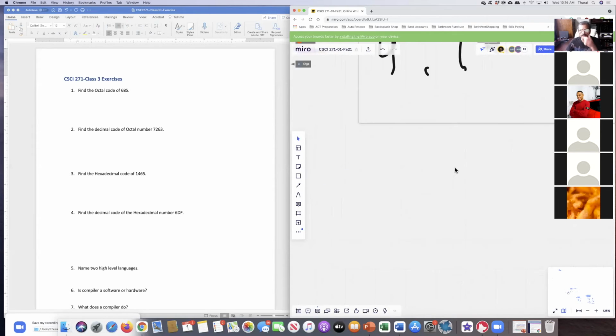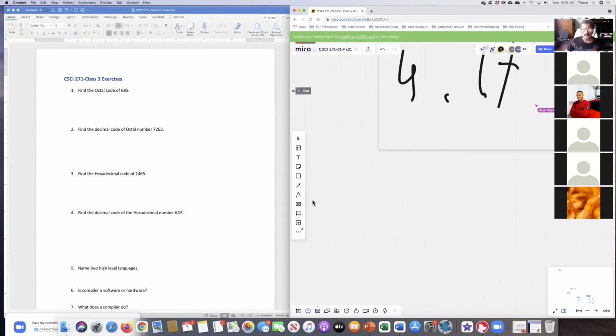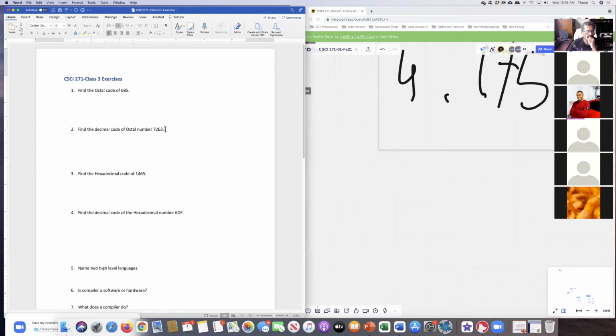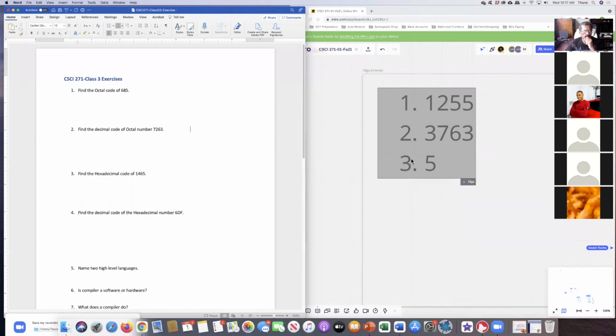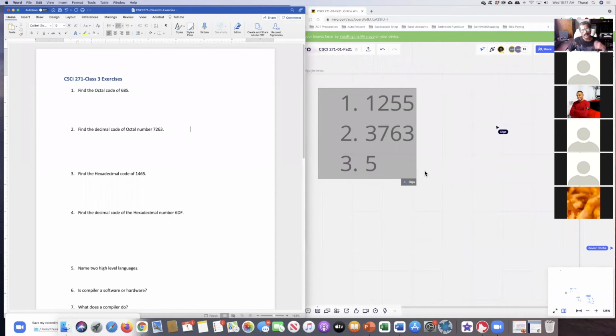Everybody is far apart here. The second question says, find the decimal code of the octal number.